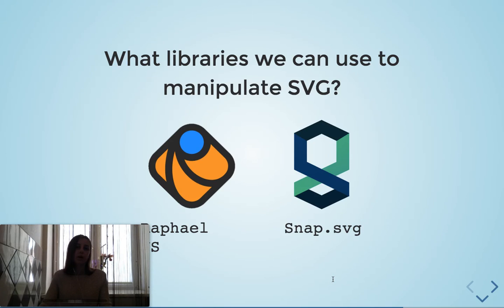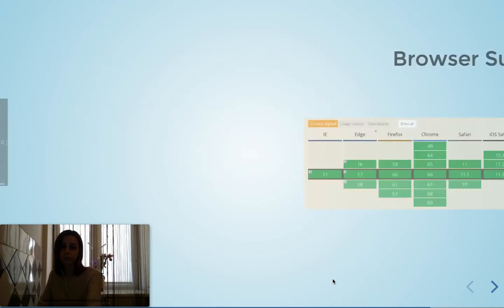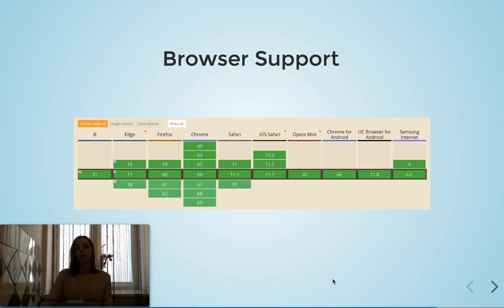It supports SVG features like clipping and masking. If you want to draw something, you should just put the code from the library in your file. Browser support. Of course, you are interested in what browsers can be used for SVG. Here's the Can I Use chart.